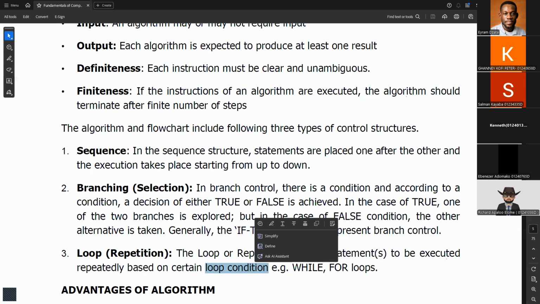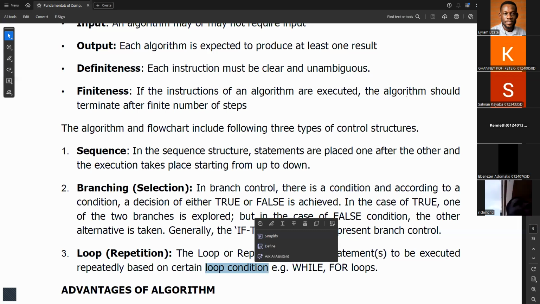Maybe you are writing a program, and a particular aspect of the program you want to be repeated, maybe 10 times. So maybe we have about 200 students in the class and we want to determine whether the 200 students passed or failed.